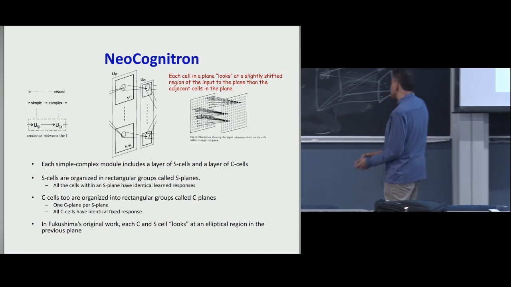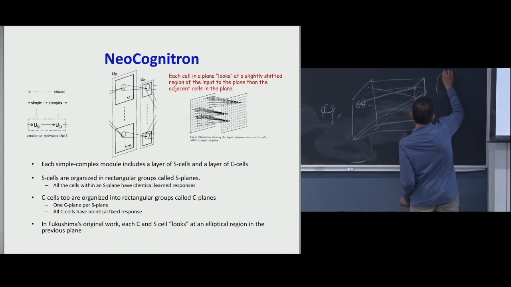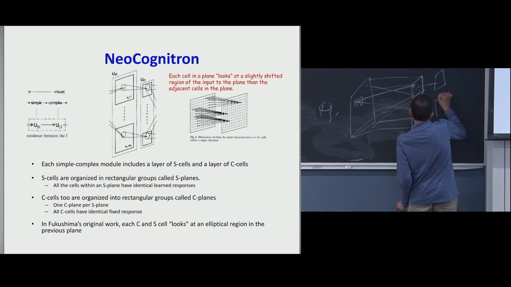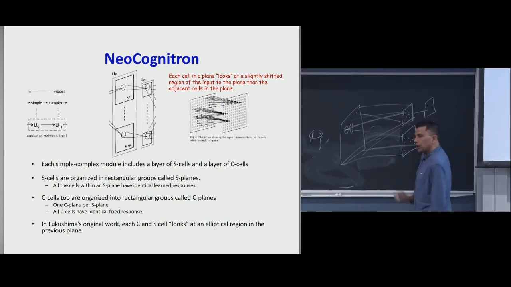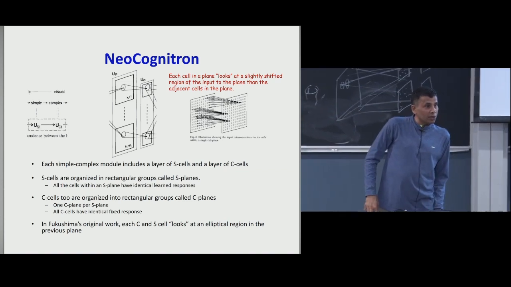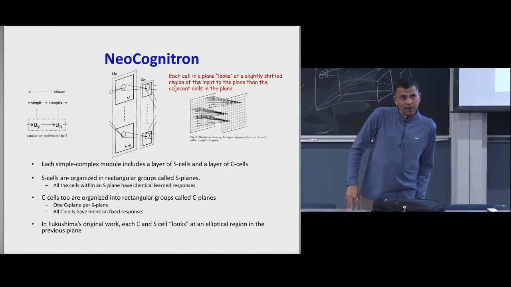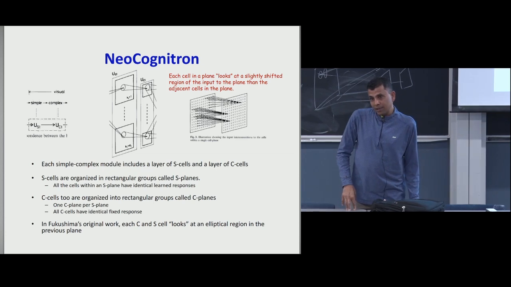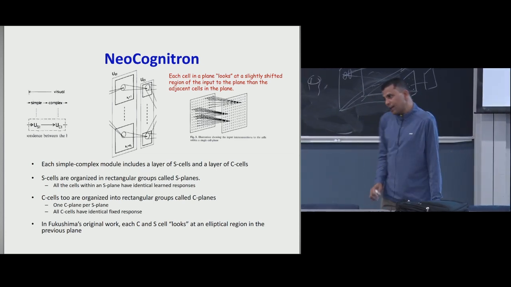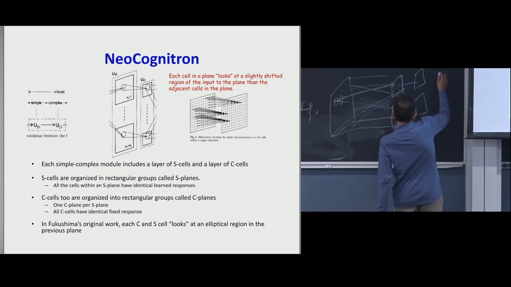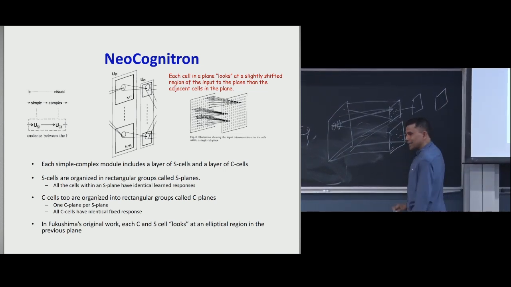And now, of course, you need a C cell layer which cleans this up. The C cell layer is only looking at the output of the S cell layer. So you're really making sure that you're seeing granny's vertical eye and that you're really seeing granny's mustache, okay? And then you have the next layer, which is looking for granny, and now this is an S cell.